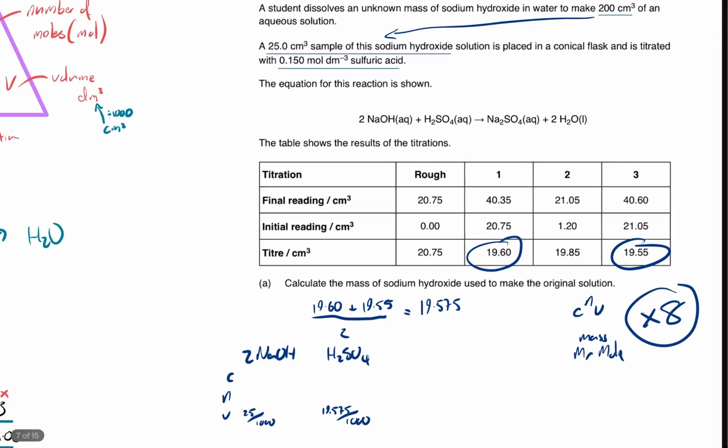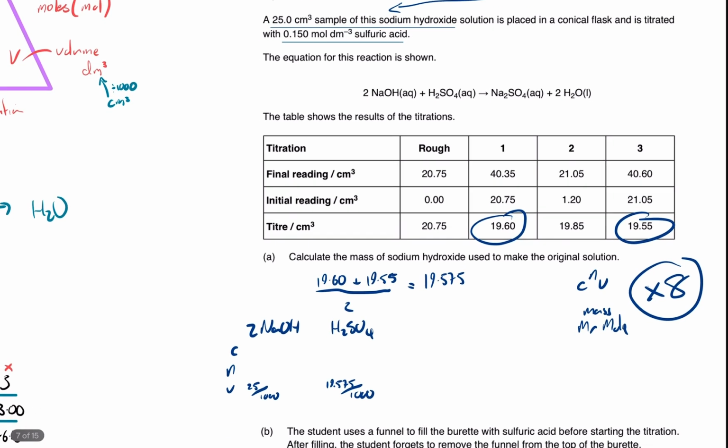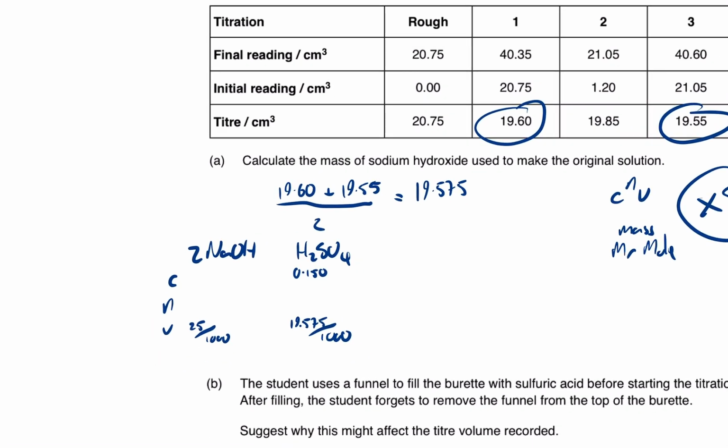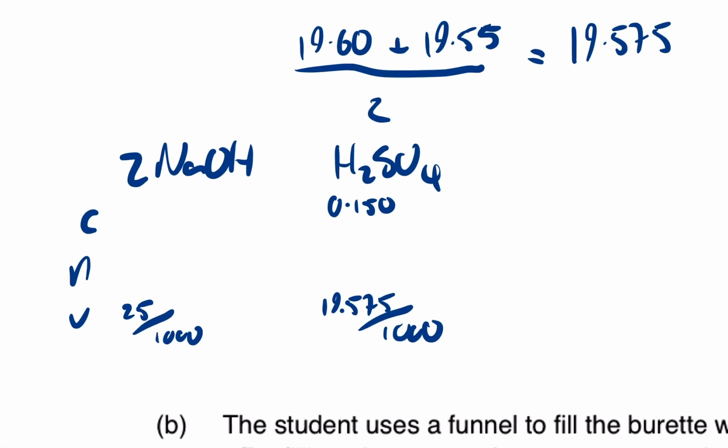And our concentration of sulfuric acid was 0.150. Now I can start working. So CNV, to work out my moles of sulfuric acid, I'm going to do concentration times volume, which gets us to 2.936 times 10 to the minus 3.